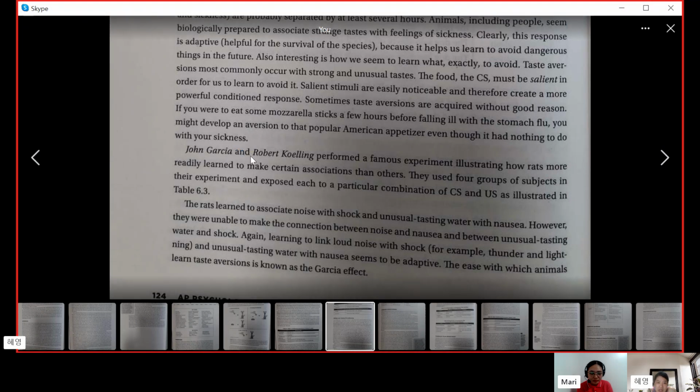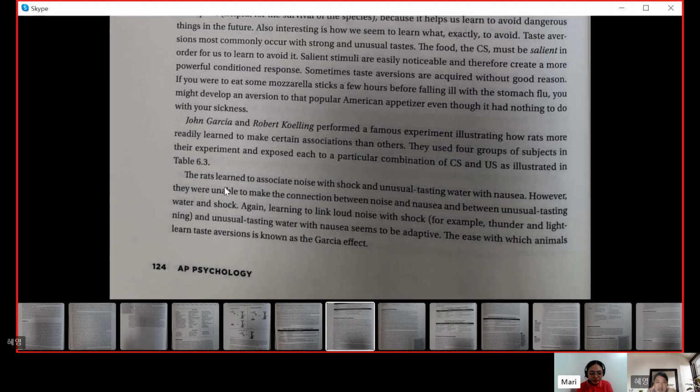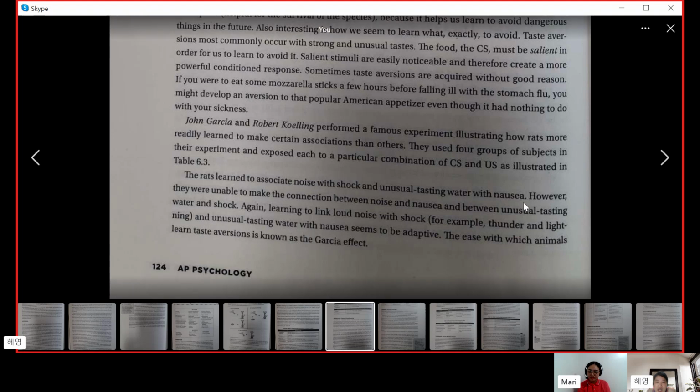John Garcia and Robert Koelling performed a famous experiment illustrating how rats more readily learn to make certain associations than others. They used 4 groups of subjects in their experiment and exposed each to a particular combination of CS and US as illustrated in table 6.3. The rats learned to associate noise with shock and unusual tasting water with nausea.